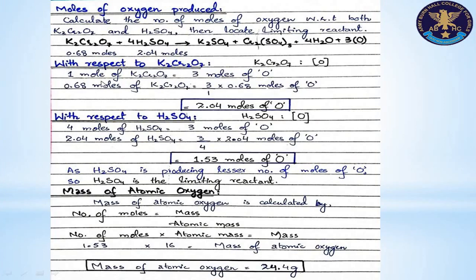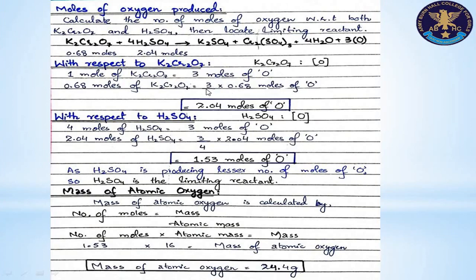First, we will calculate the number of moles of oxygen produced with respect to potassium dichromate. So here we are comparing the potassium dichromate with the atomic oxygen. From the balanced chemical equation, 1 mole of potassium dichromate gives us 3 moles of atomic oxygen. So if we have 0.68 moles of potassium dichromate, how many moles of atomic oxygen will be produced?